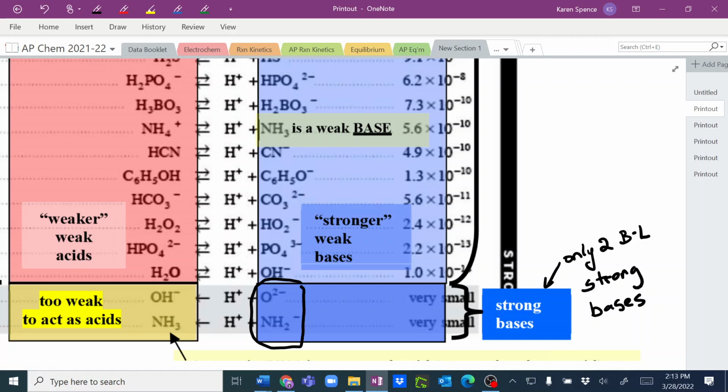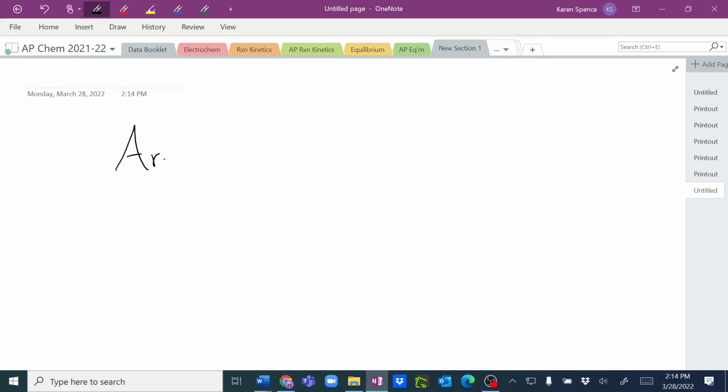What is the other definition of acids and bases? Starts with an A. Arrhenius. Yes? Arrhenius. And it's spelled Arrhenius, but pronounced Arrhenius.